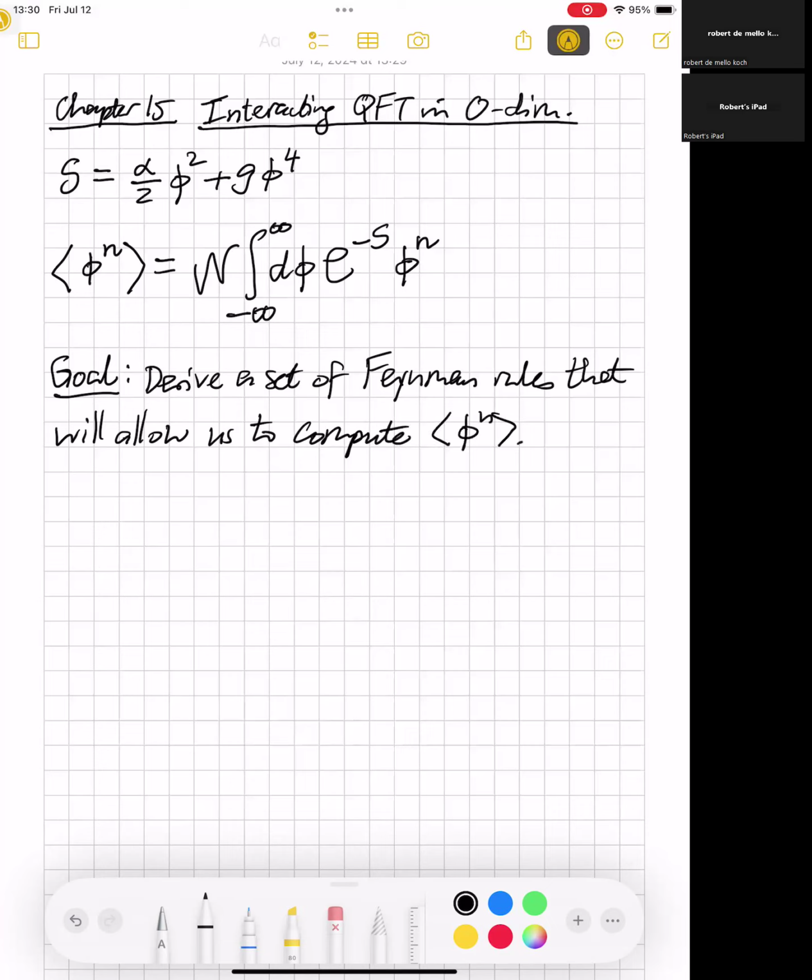So that's going to be the goal of this chapter. By the way, when we've learned how to derive the Feynman rules in naught dimensions, it's a very small step to derive the Feynman rules in 3+1 dimensions.